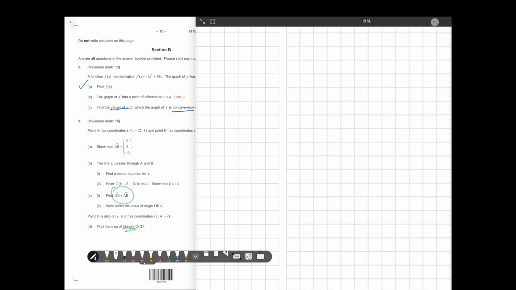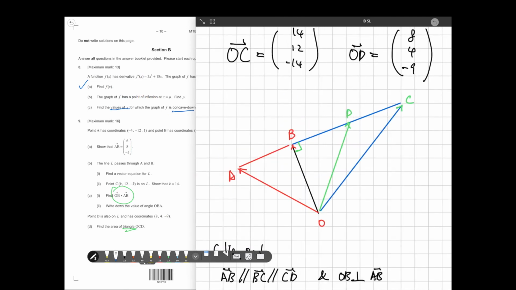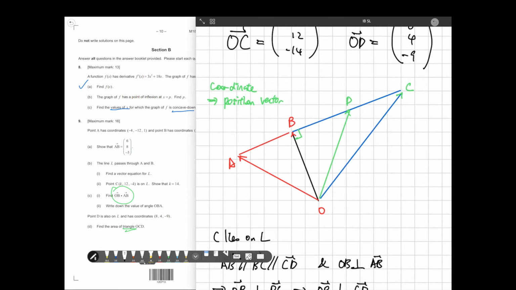And with this kind of property of the graph, we know that the coordinate is just a position vector. So I want to give you much more of the background of the vector. So what does vector mean in here?